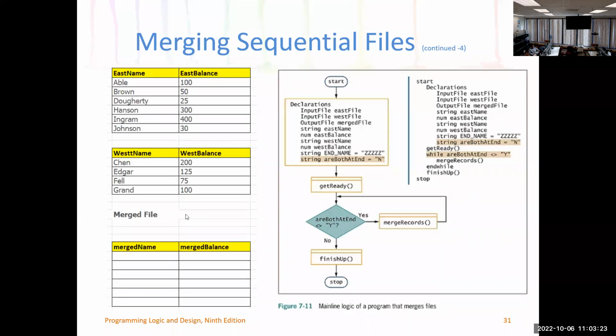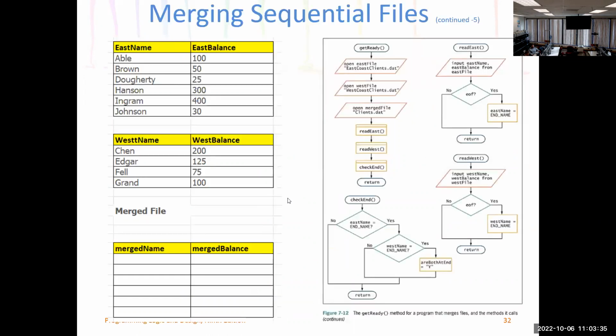For this process, you just keep doing it, and the process only terminates when you have reached the end of both of the files. For that one you have to get ready. Get ready means you read the first line of the east and you read the first line of the west. Every time you read east and west, you have to check if both of them are at the end of the file.